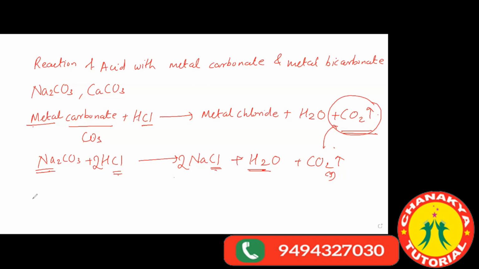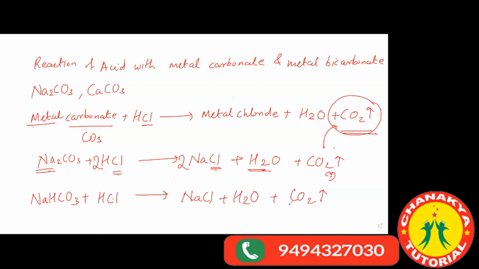Clear? Now what about metal bicarbonate? Means sodium bicarbonate, NaHCO3. Whenever it reacts again with HCl, what will you get? Same thing, NaCl, metal chloride. This hydrogen will form H2O, and one oxygen would be taken from the CO3 and carbon dioxide will be released. Correct? In this case, do we have to balance anything?